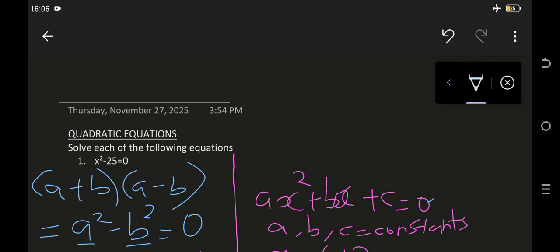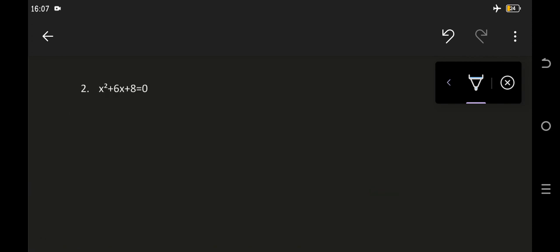Next we have x squared plus 6x plus 8 is equal to 0. So here, this is a quadratic equation being formed by x squared whose coefficient is 1. So we are going to look for two numbers such that the sum is 6 and the product is 8.